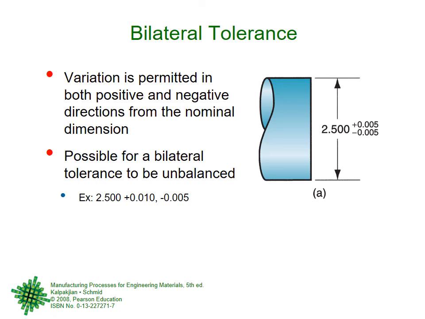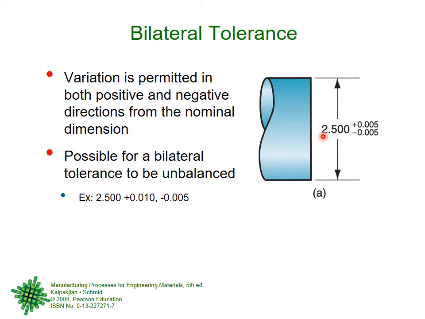Bilateral tolerance. As soon as there is the word bi, then two is there, two. So there are two things in bilateral tolerances. You can see that this diameter is 2.5 inch, but there is a plus 0.005 and a minus 0.005. So whenever you write tolerance like this, giving the upper and the lower limit, it is called bilateral tolerance.